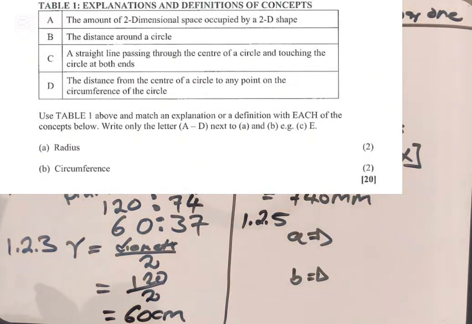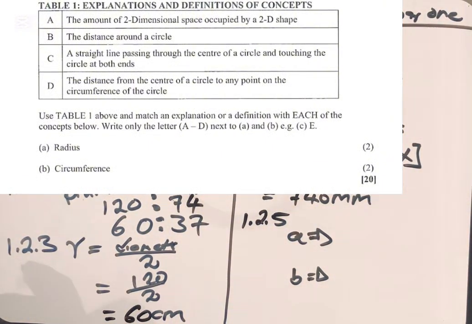The explanation and definition of the concept: A, amount of two-dimensional space occupied by a 2D shape. B, the distance around a circle. C, a straight line passing through the center of the circle and touching the circle at both ends. D, the distance from the center of a circle to any point on the circumference of a circle.